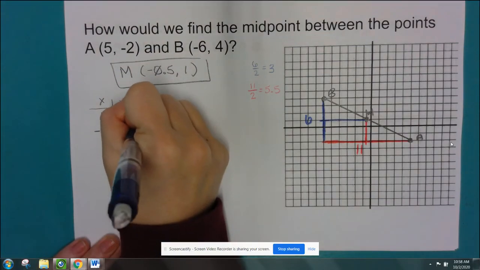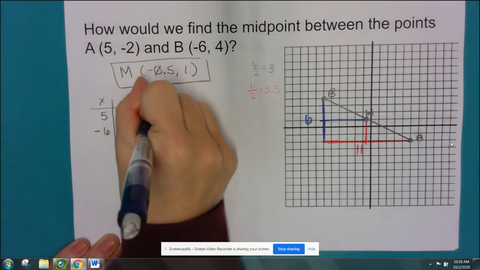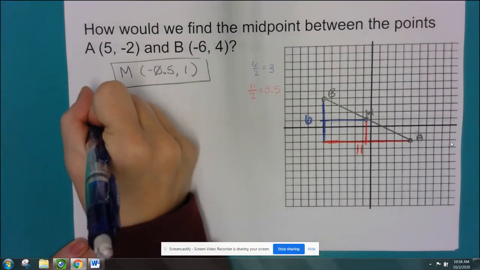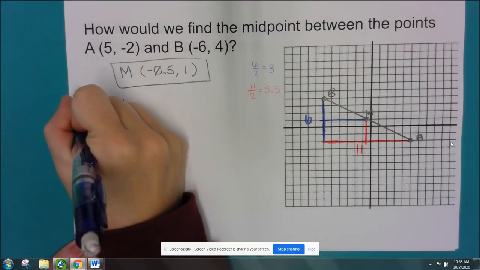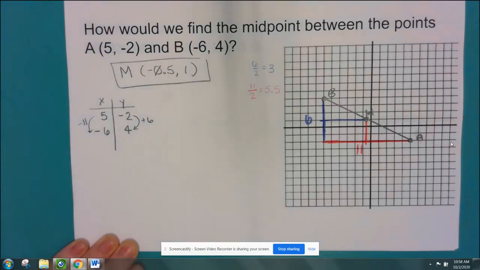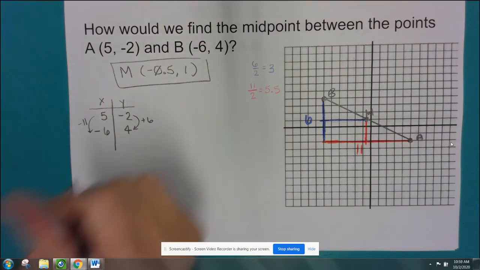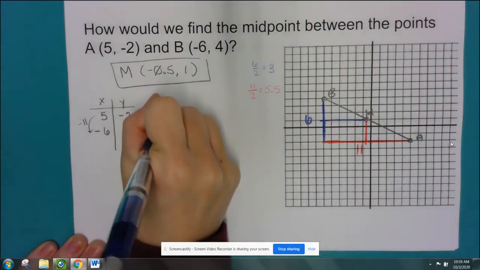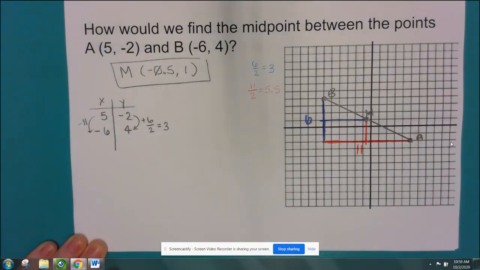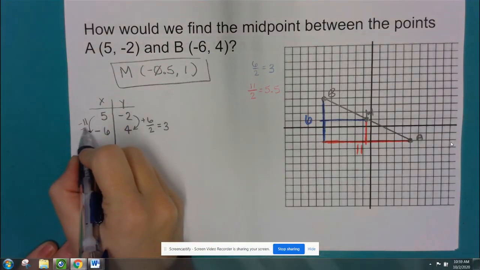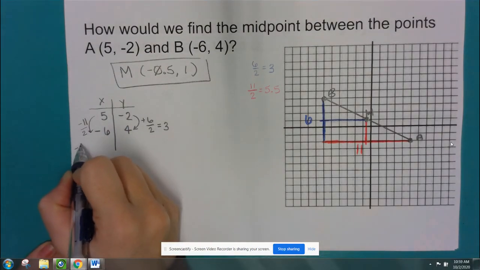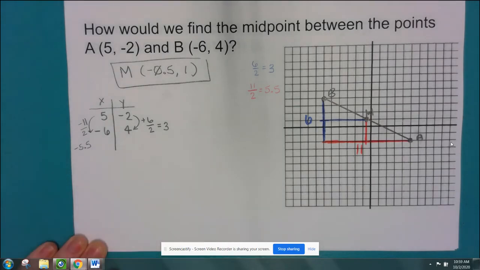So here I'm adding 6, and here I had to subtract 11. Those numbers should sound familiar. So if I take 6 and divide it by 2, I get 3. And if I divide -11 by 2, I get -5.5.